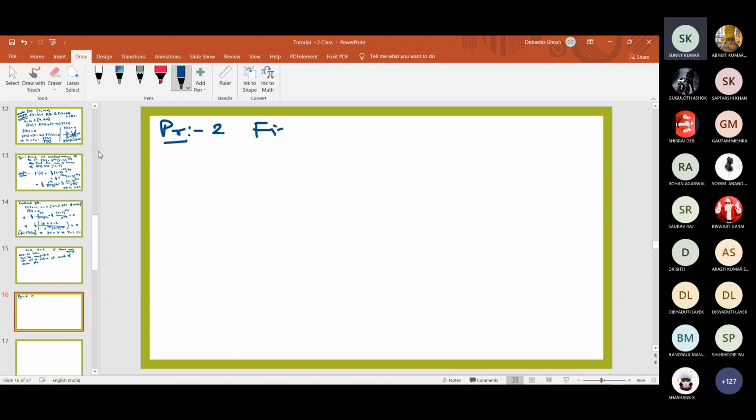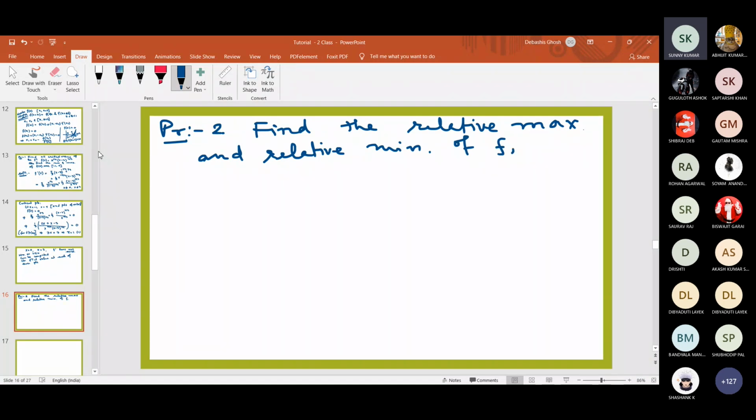Find the relative maximum and relative minimum of f defined by f(x) equals x plus 1 by x.